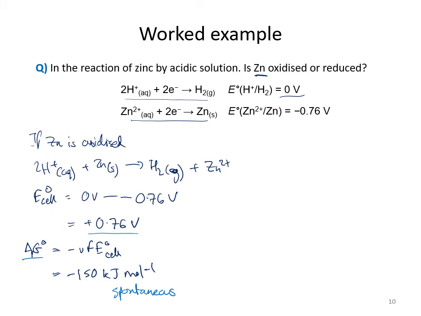The question is, could zinc be reduced? Could it work in the other direction? Well, let's have a little look at that one. So we'll start in a slightly different color, go for purple this time.